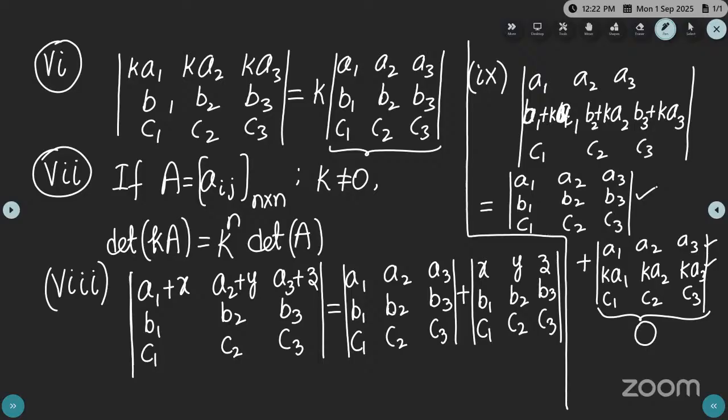The first row elements multiplied by a non-zero scalar and added to corresponding elements of second row, then the value of determinant remains same. Note it. Next.